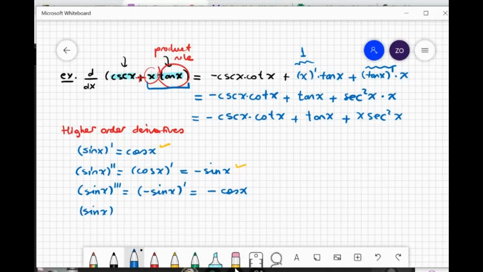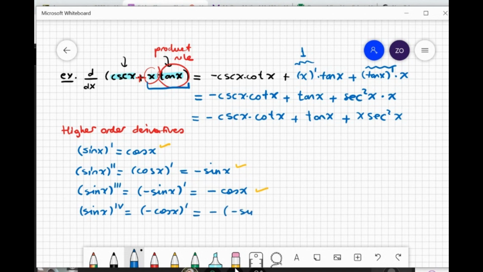Okay, so let's do one more. We usually just denote the fourth derivative with Roman numerals. So this will be the derivative of the third derivative, right? We just found that the third derivative was negative cosine, and if you take the derivative of this expression again, what do you find?